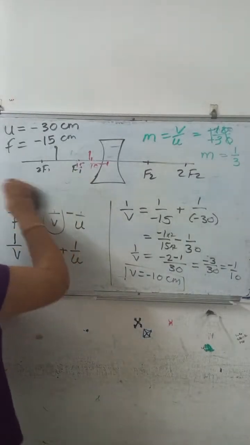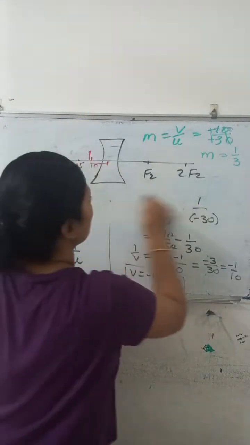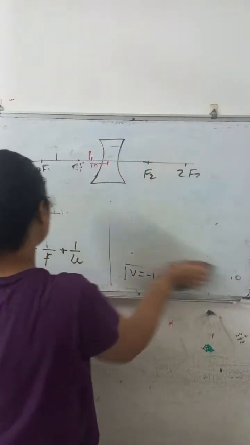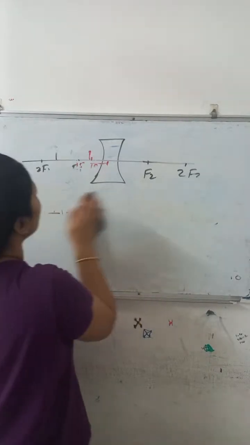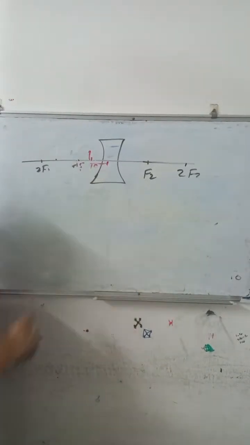It is based on the concave lens only. Here we have the concave lens, and we are keeping the object at different positions.